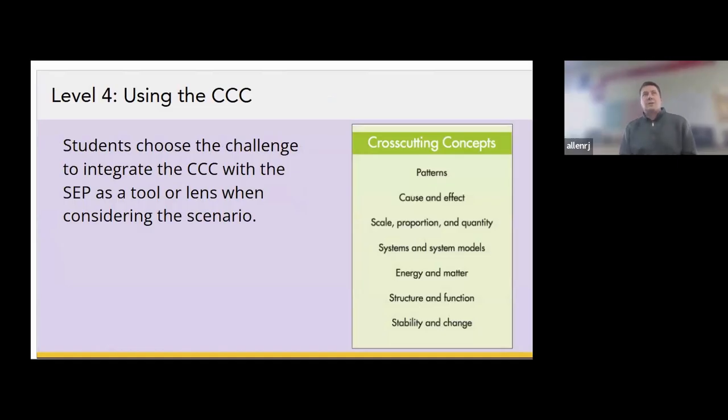We're trying something new at our school where 6th grade is going to focus on systems and system models and patterns. And 7th grade will have 2 other CCCs, and 8th grade is going to have the remaining CCCs. So in the past, we've just sort of let them choose whatever they wanted to do, and we didn't really worry about this too much.